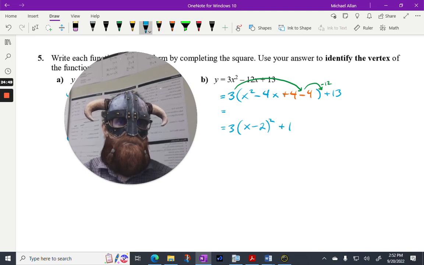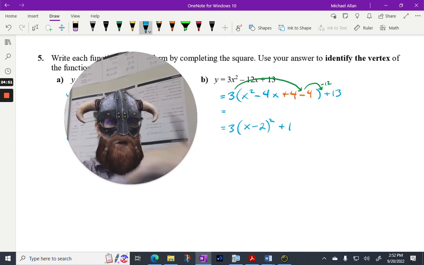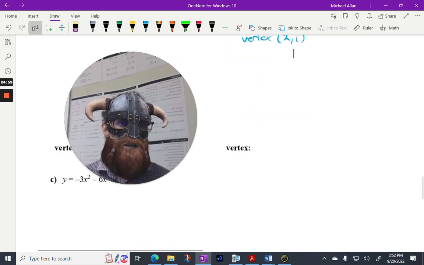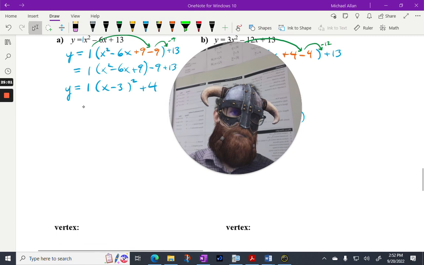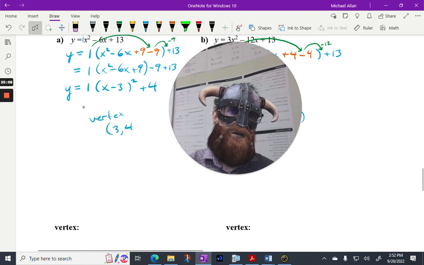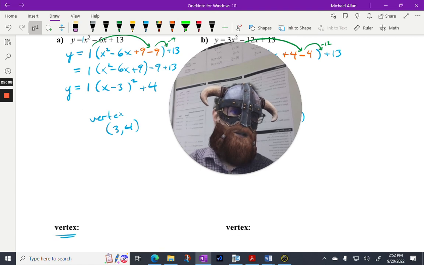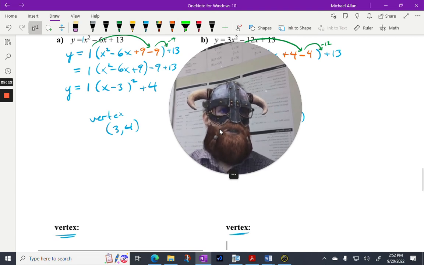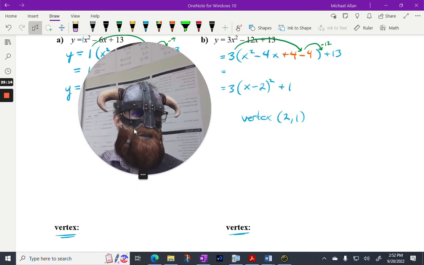And there you go. Oh yeah, down below we have to answer the vertex thing. So we could do the vertex at this point too. You can say vertex is equal to 2, 1. And the one over here, the vertex is 3, 4. That's what this down here is trying to say. Okay, but I'll give you so much space to do 3 lines of work, it doesn't really make any sense.